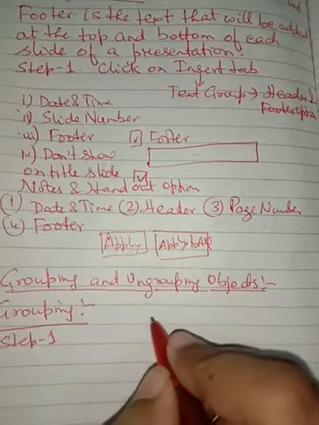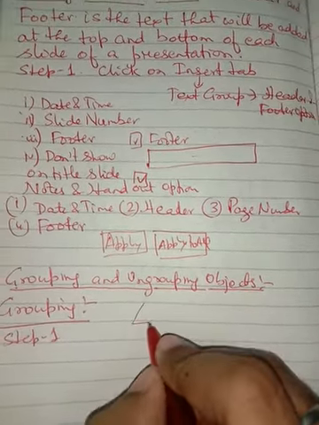suppose I have drawn a triangle over here, and a circle over here, and a square over here. These are three different shapes that I have drawn in a slide. Consider this as a slide. Now suppose I want to fill color in all these three objects.